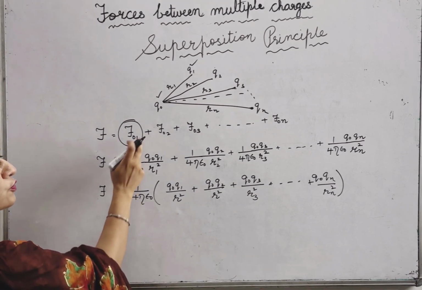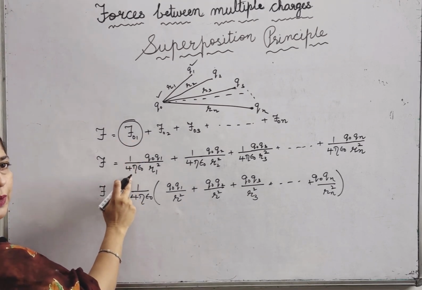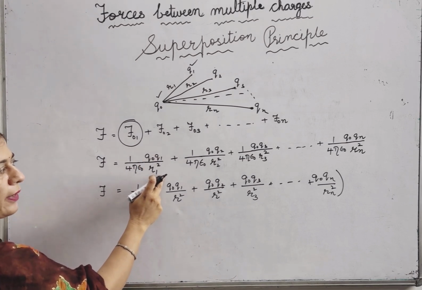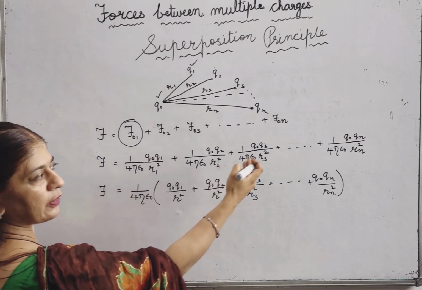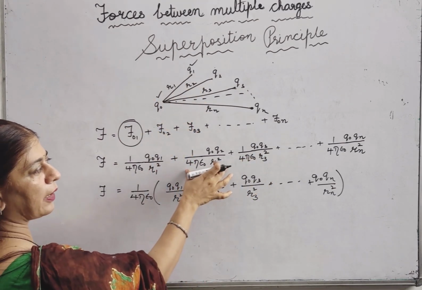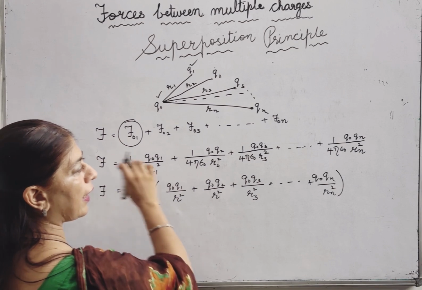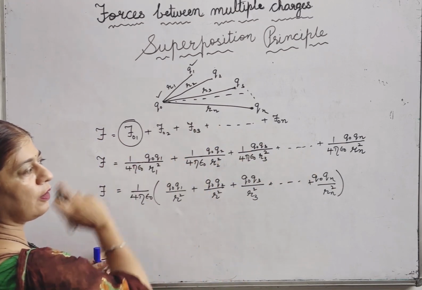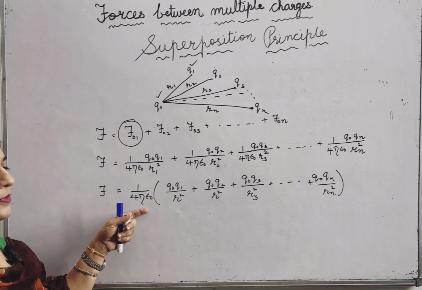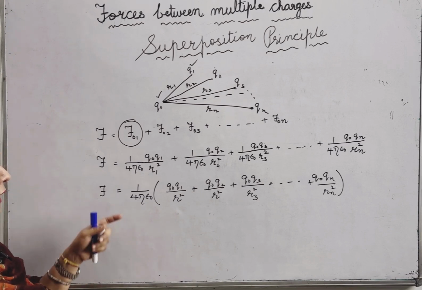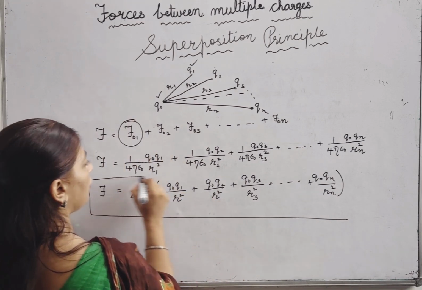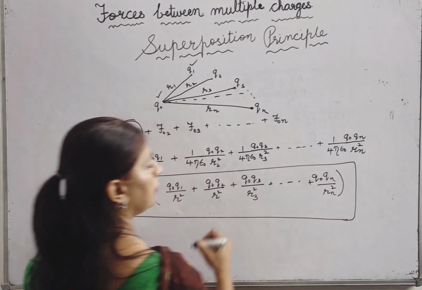According to that, this force will be given by 1 by 4 pi epsilon naught, Q1 Q0 divided by r1 squared. Similarly, we can find the force for each pair of charges by applying Coulomb's law and adding all of them to get the superposition principle. We can take out 1 by 4 pi epsilon naught common, and then the total force experienced by Q0 is given by the equation.